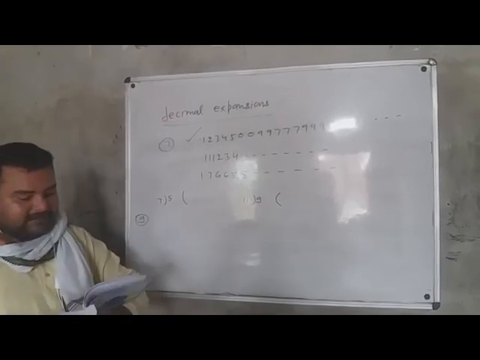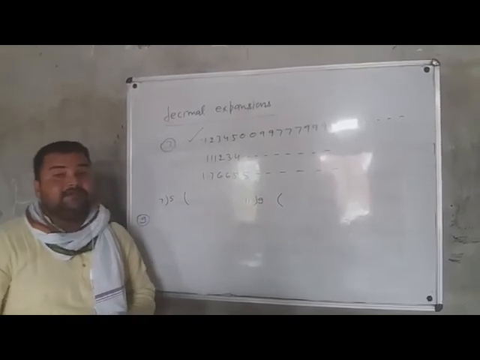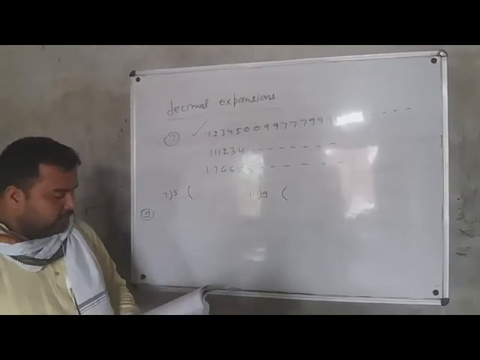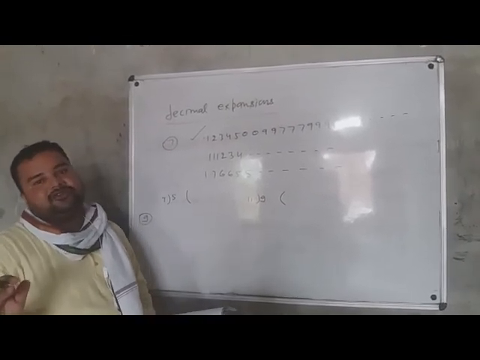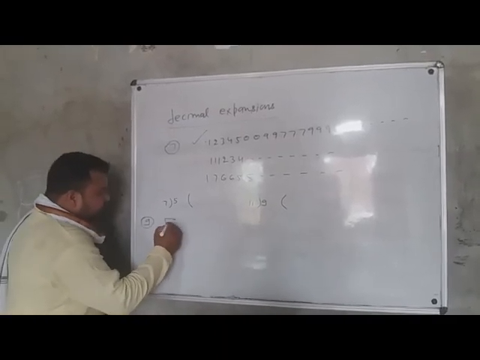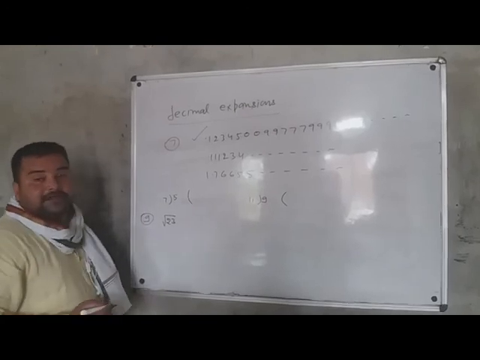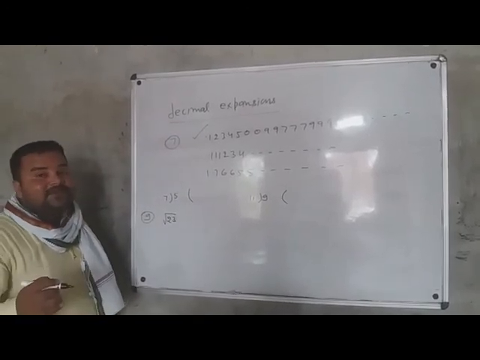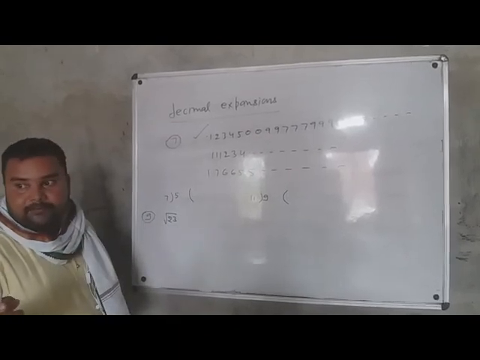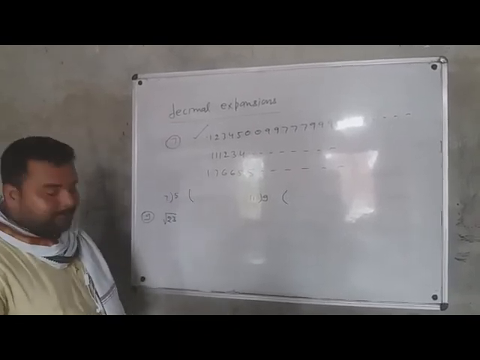Now question number 9. Classify the following numbers as rational or irrational. It is a very simple question, as you all know. Here we have to only classify which is rational and which is not. So first is root 23. We know it is an irrational number because when we take root of prime numbers, it becomes an irrational number. Fine.